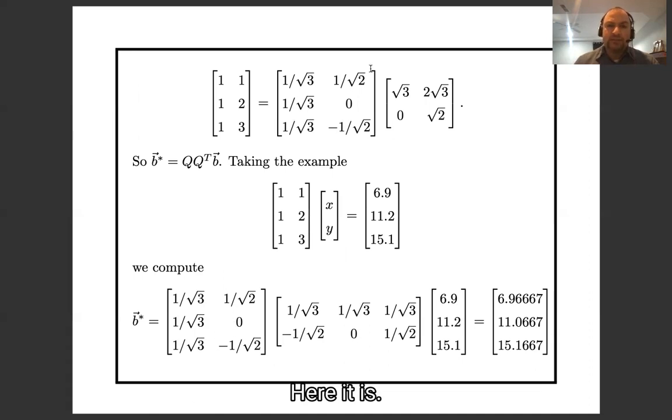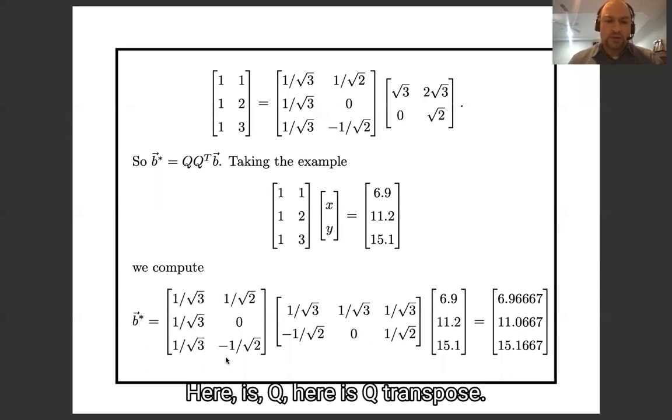Here it is. Here's Q. Here is Q transpose. Here is the vector B. And here is the vector B star.